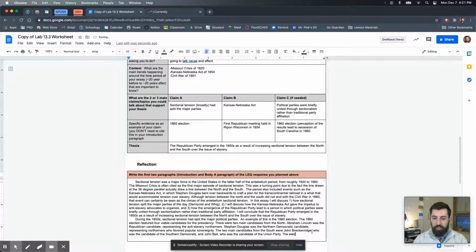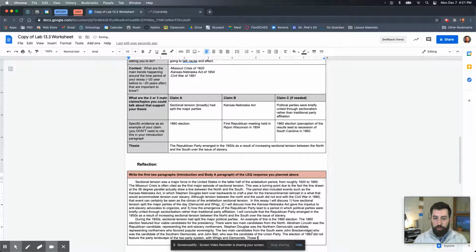The election of 1860 did not feature the party landscape of the two-party system with Whigs and Democrats.